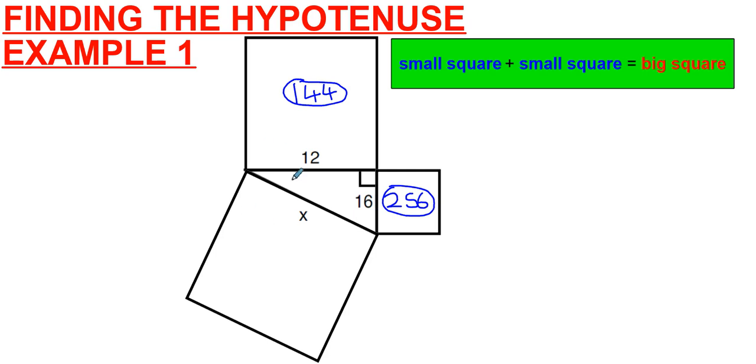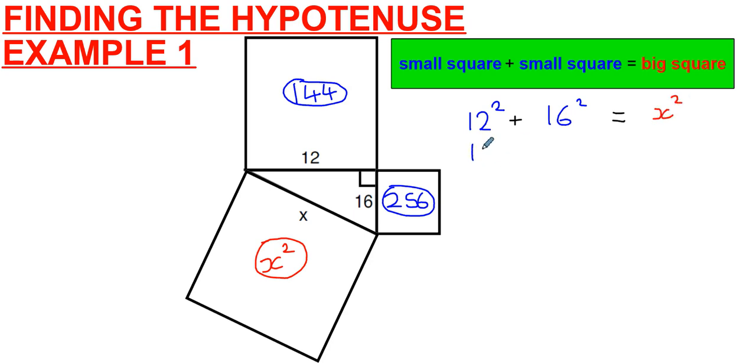And this big square, if it's got side x, the area of it would be x squared. And so if I just write down effectively what we've done here, all we've done is we've done 12 squared plus 16 squared, and so that equals the big square, which is x squared.